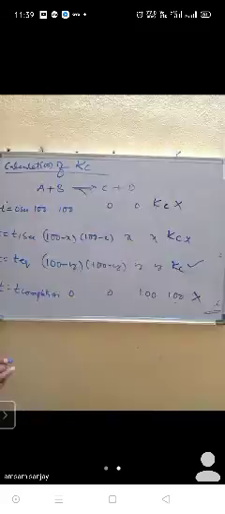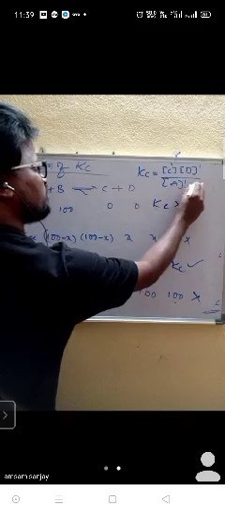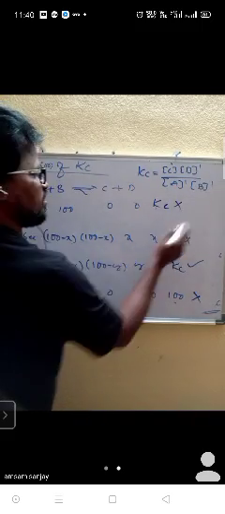Even at this time you cannot say Kc. But at this time only you can say Kc. Kc means concentration of C, concentration of D to the power of 1 divided by concentration of A to the power of 1, B to the power of 1. Now what is the formula?